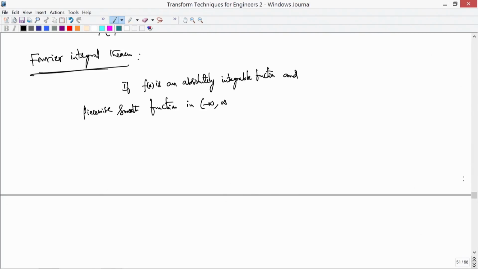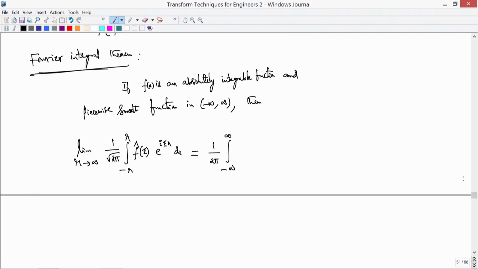In minus infinity to infinity, then what you have is this limit, I write like this: 1 by root 2 pi, integral from minus r to r of f cap of xi, which we know already is the Fourier transform that we defined, e power plus i xi x d xi, which is equal to 1 by 2 pi. If you allow r to go to infinity, minus infinity to infinity, there is root 2 pi outside and inside also 1 by root 2 pi, so outside it becomes 1 by 2 pi.